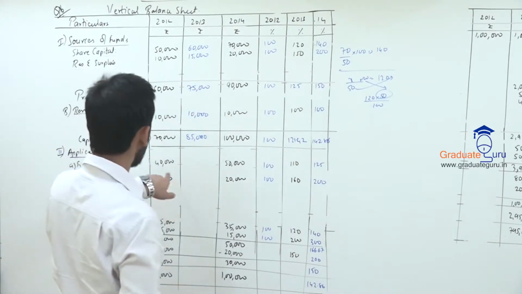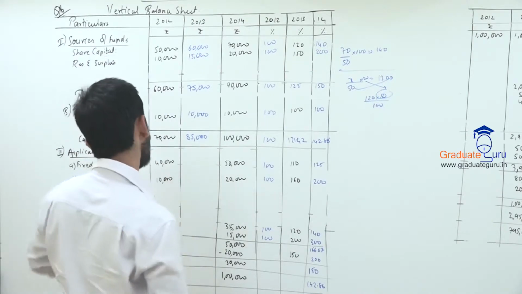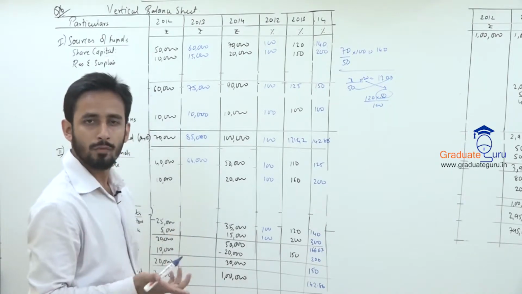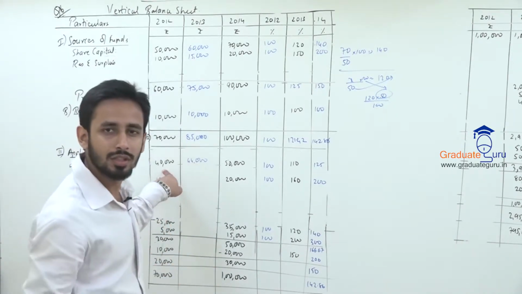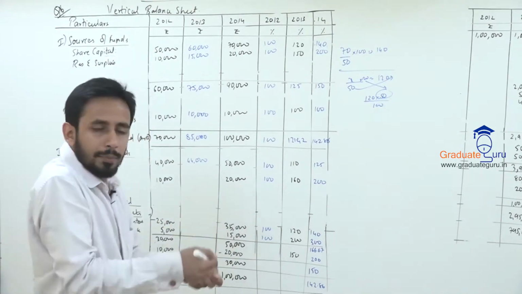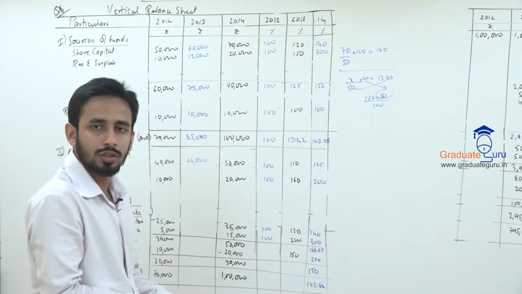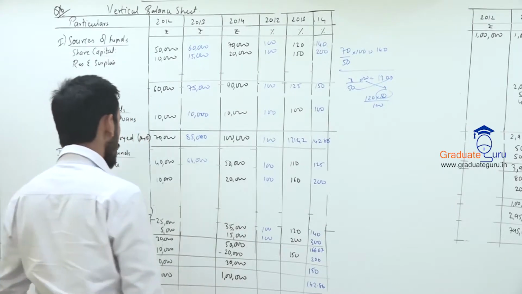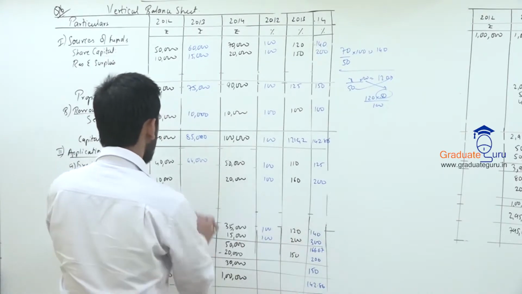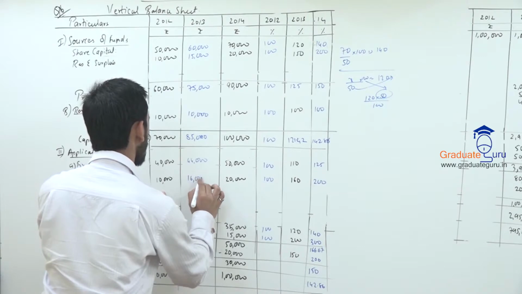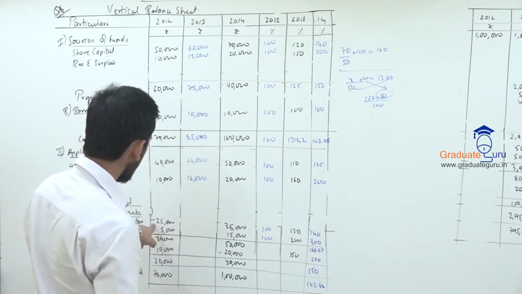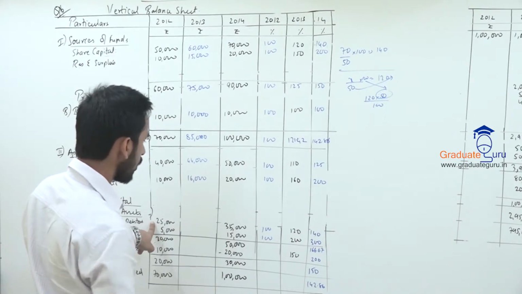Fixed assets 110. So 44,000. 40 ka 110%. That is 40 ka 10% is what? 4,000. Add up 100 plus 10, 44,000. Done. 10 ka 160%, 16,000. 25 is there. 120%.